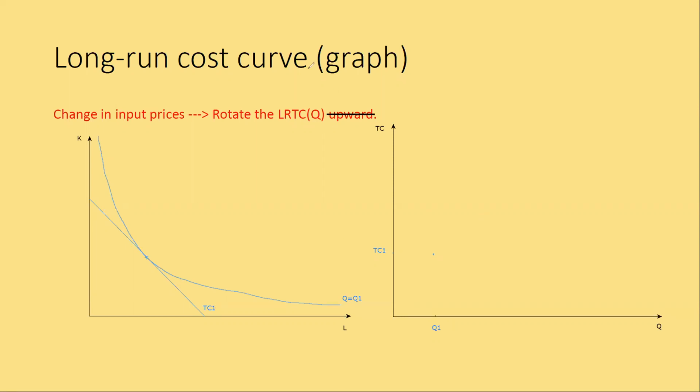So if the firm were to produce at a higher level, for example Q2, let's pick another random point, Q2, over here. We can draw the isoquant corresponding to Q2 as well.